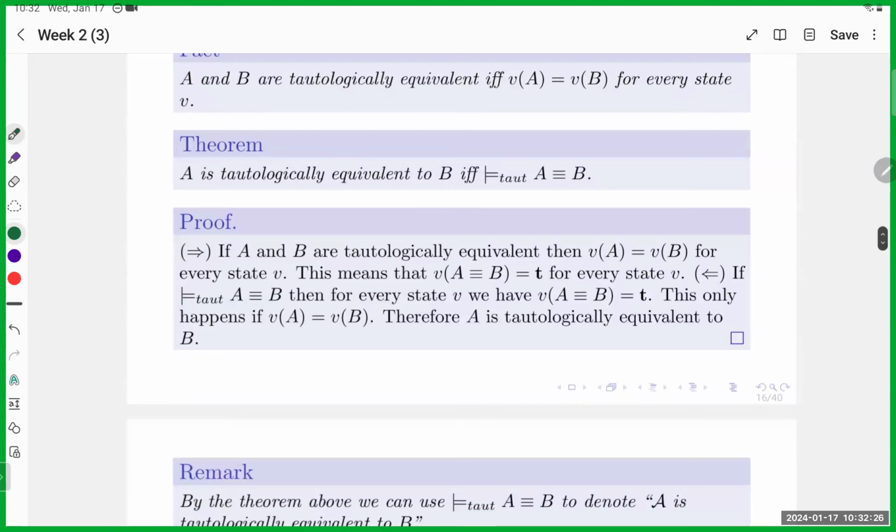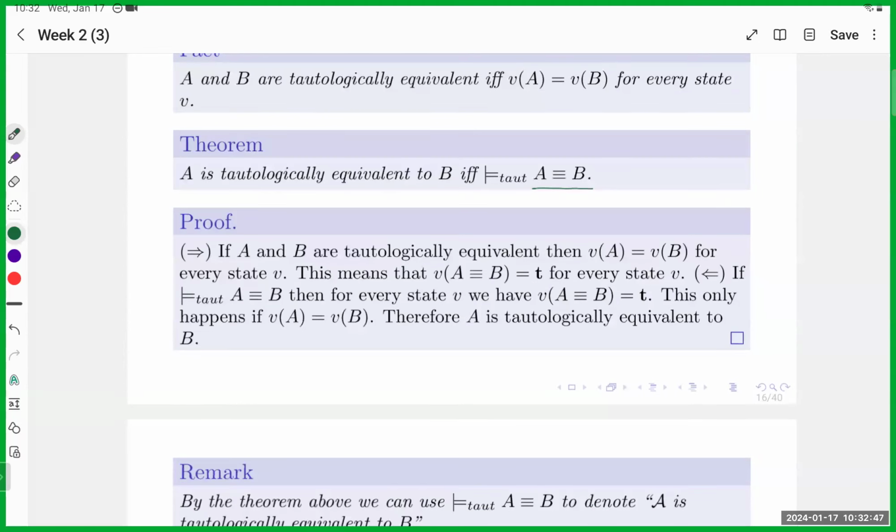Theorem: A is tautologically equivalent to B if and only if the formula A if and only if B is a tautology. Again, another obvious statement, because they're both saying the same thing.